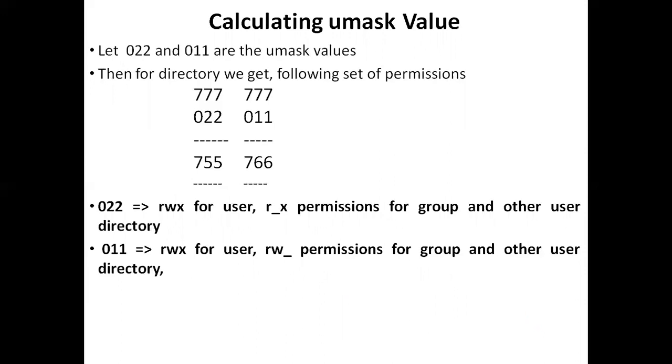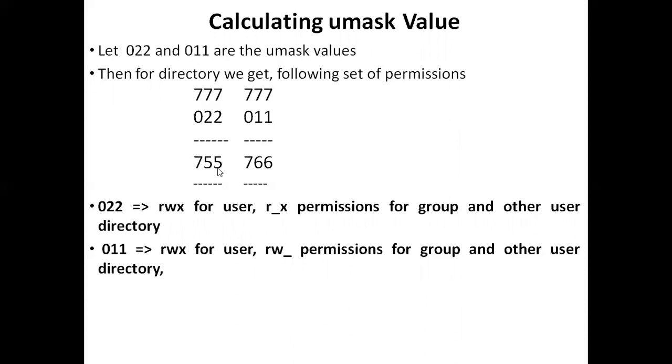But in case of directories, this is true. Subtraction holds true because execute permission is assigned by default. So when we get 755, we want 755 permission for the user, then read, write, execute permission is assigned to the user, and only read and execute permission for other and group users.